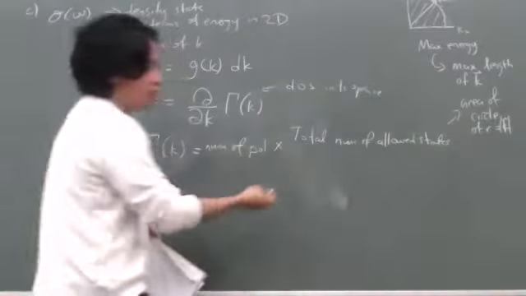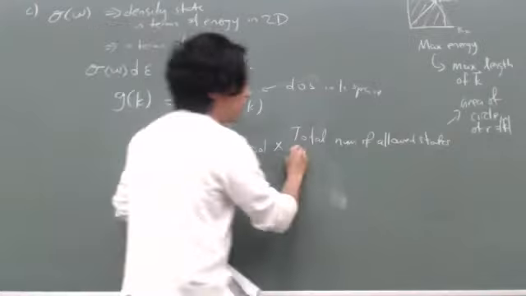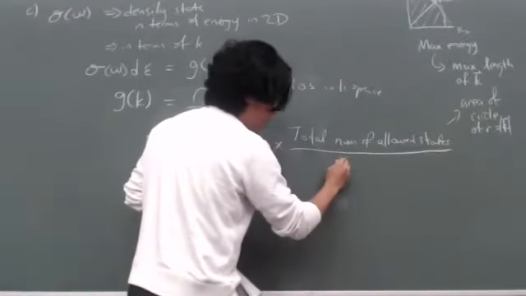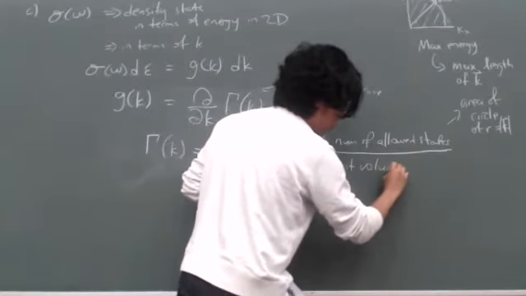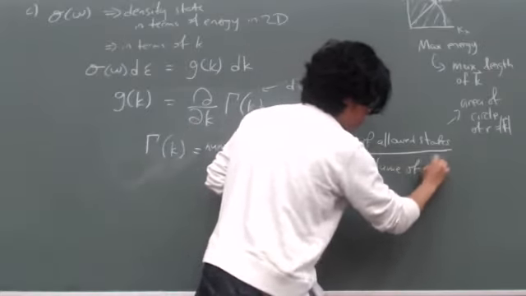To make it a density, you divide the total number of states by the unit volume of states.